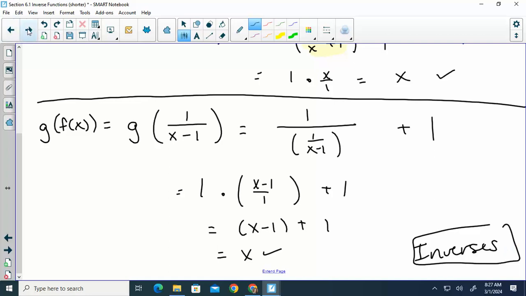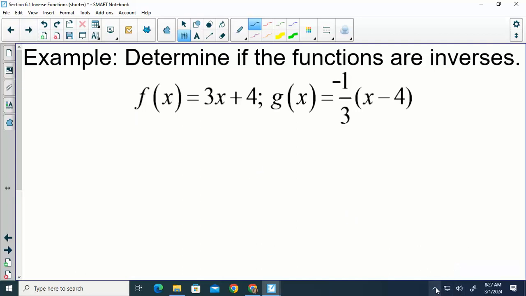I want you guys to try one. So we have to do the composition f of g of x. So start on the inside. g is negative 1/3 times x minus 4.